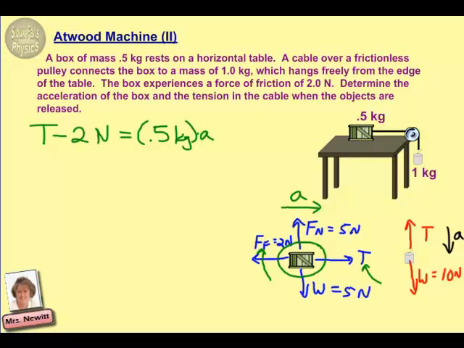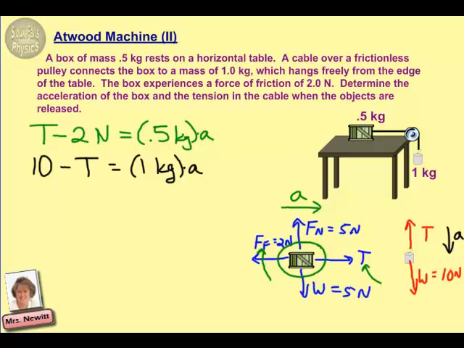So to write this equation, first we'll look at our forces. Weight, which is 10 newtons, minus tension is our net force. Net force also is equal to mass times acceleration. Mass in this case is 1 kilogram multiplied times acceleration, and that gives us our second equation.